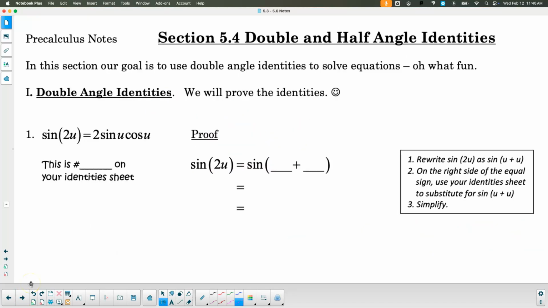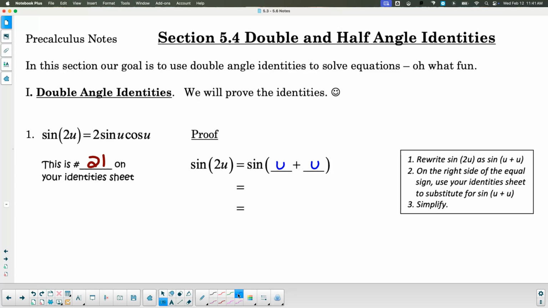Pause here. So, with double and half angles. This is identity number 21 on your sheet. Okay? So the sine of 2u would be the sine of u plus u. Correct? Yes? 2u is equal to u plus u.